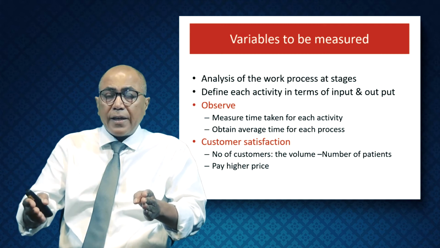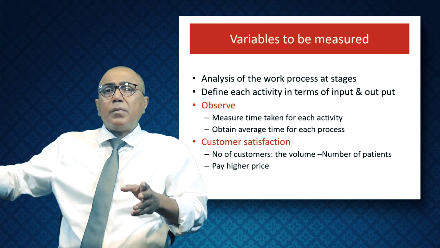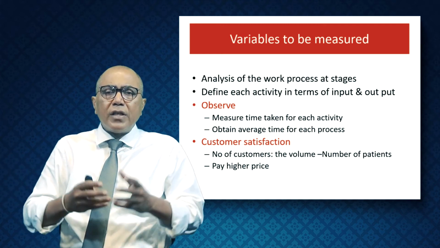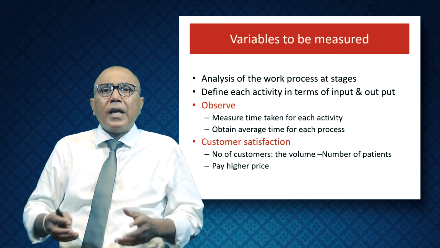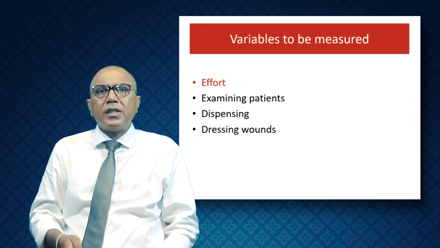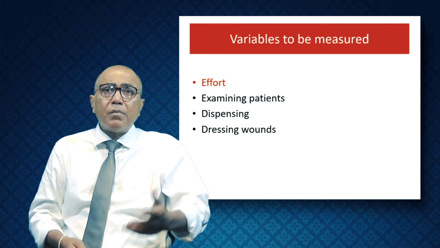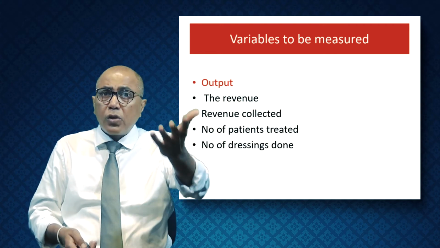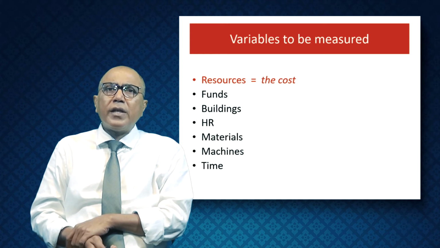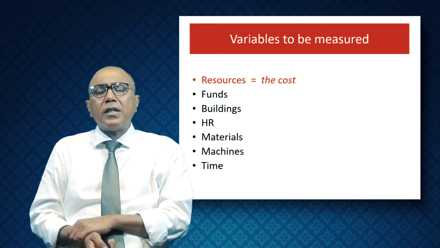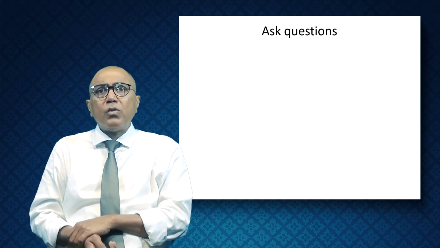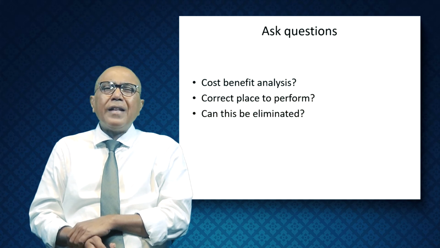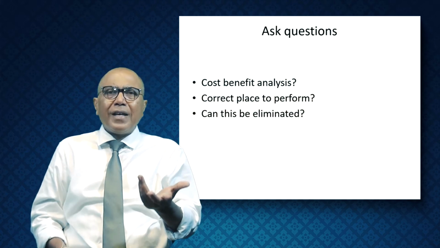It's called cycle time: each time how the patient moves in. Obtain the average time taken, and then look at customer satisfaction in each unit. What are the efforts given by the staff? It's very important. What is the output in each unit, and what resources are needed to run that unit? Those are the things you look at.